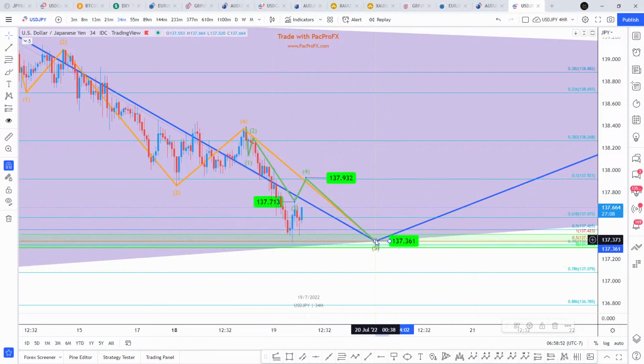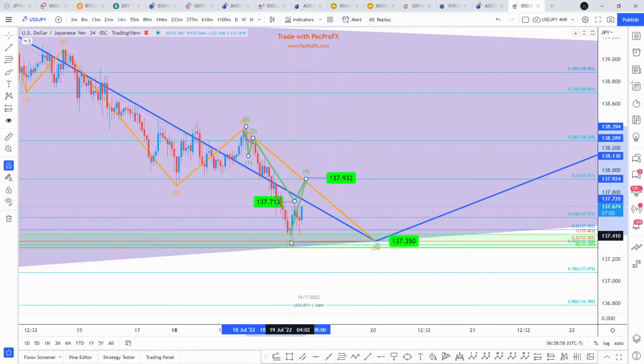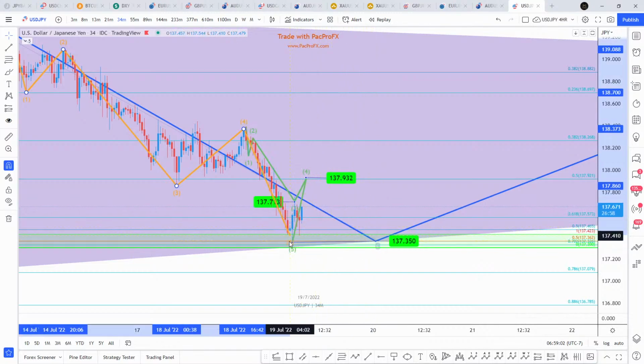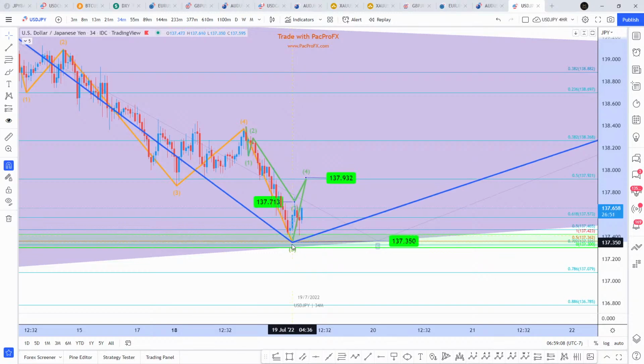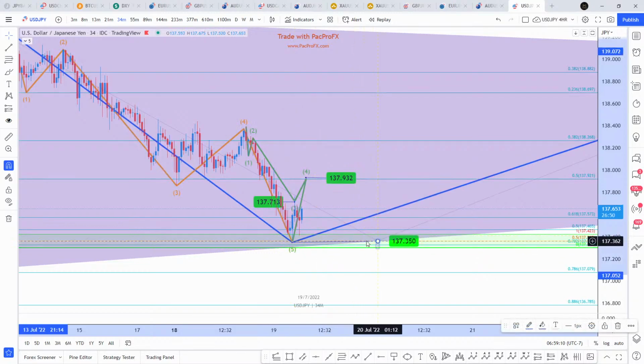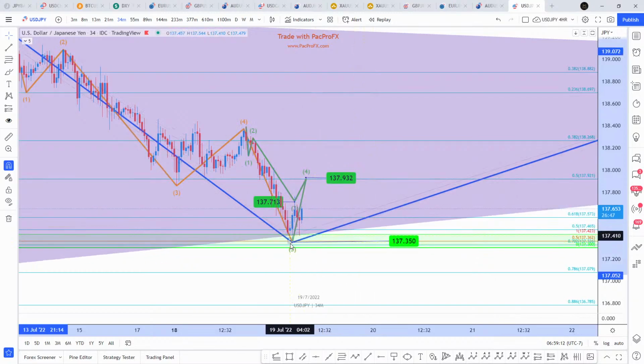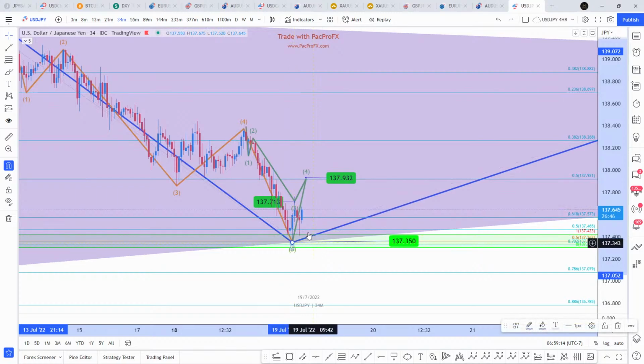This is a 34-minute chart. So we definitely already hit this. This is a strong target, so I don't think we're going to be looking at it going any further right now.